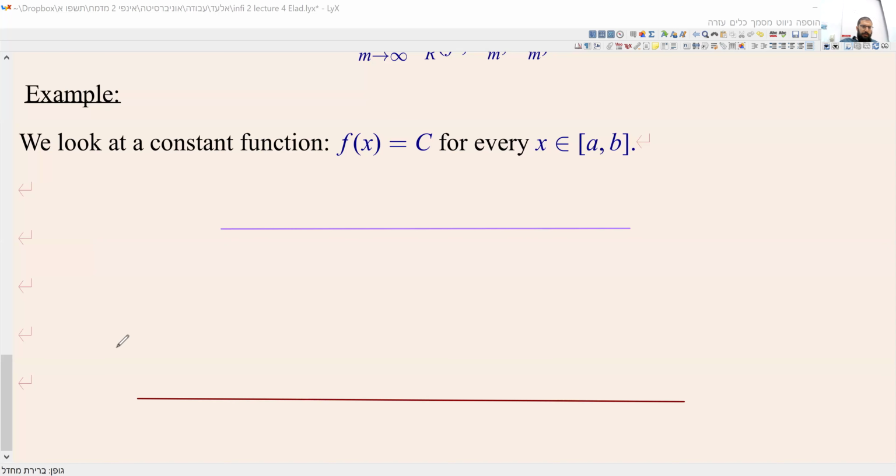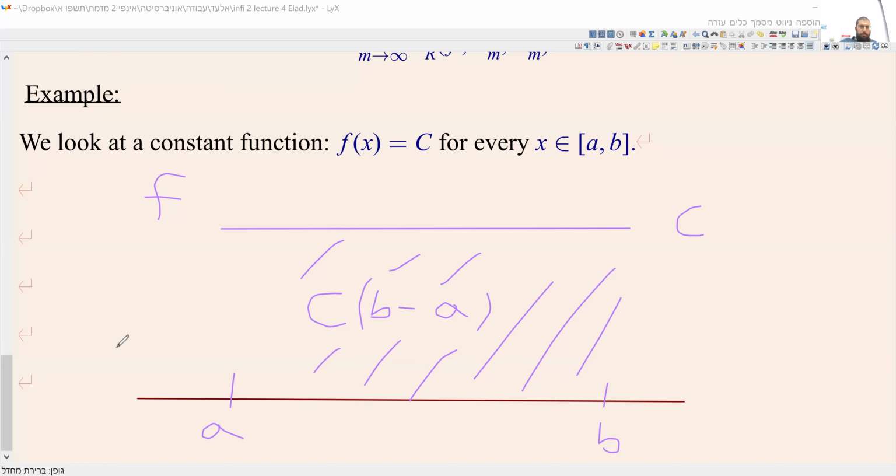Then we have, here it is A, here it is B. And this is the function f, which is always C. Tell me, dear students, what is the area? Yes, it's a rectangle. The height multiplied by the length of the base. C times (B minus A).